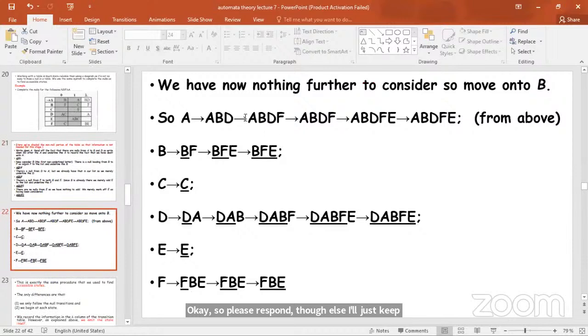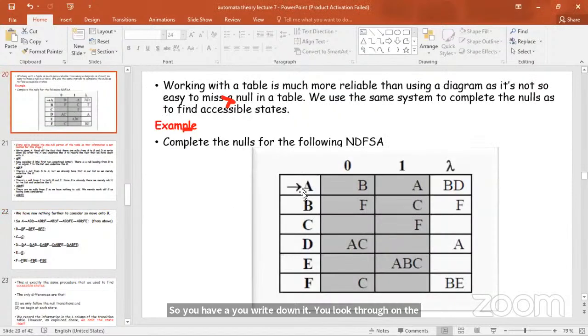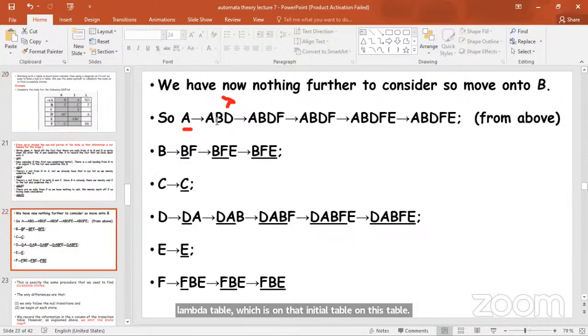So the next one, having done all that, this is the first aspect. You have A, you write down A, you look through the lambda table, which is on that initial table here. You look at A, this is BD, right? So you process the value of A, you bring out this BD here.